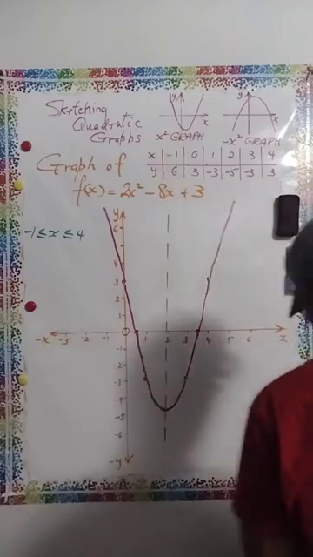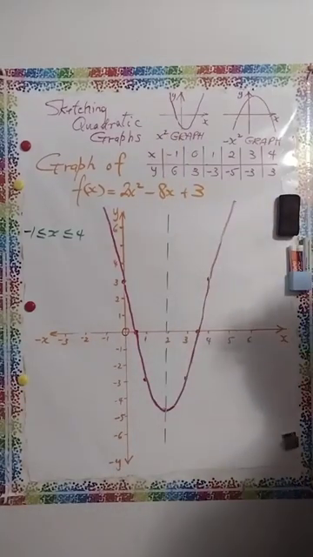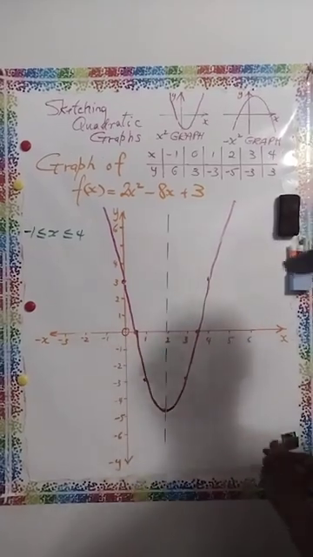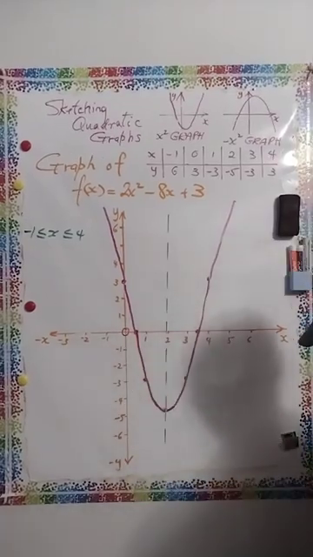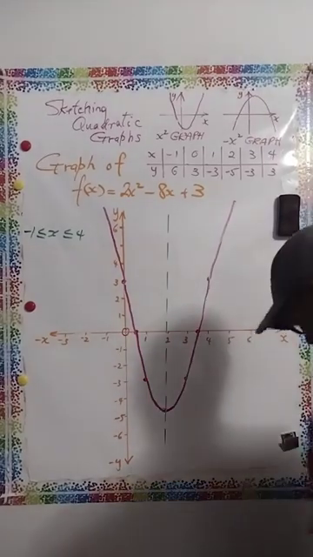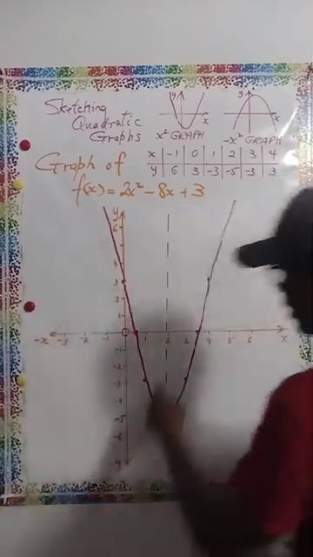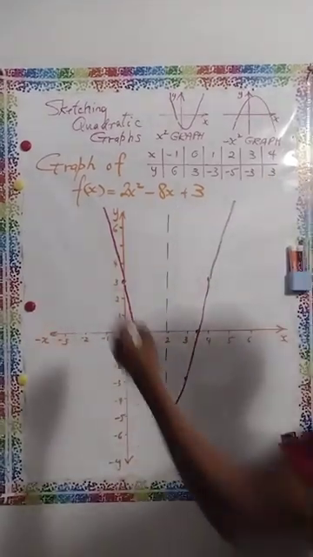What have I just drawn there? That's a line of symmetry, right? And basically, we can confirm that it is correct. So I'm going to erase this and confirm that the line of symmetry is indeed 2.